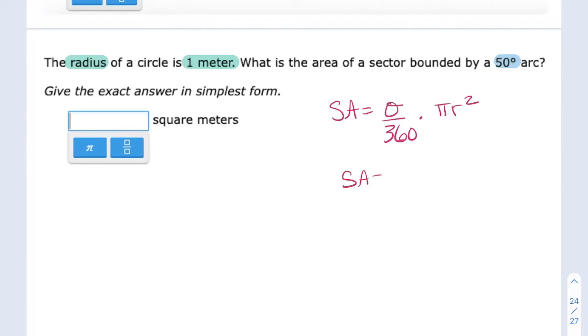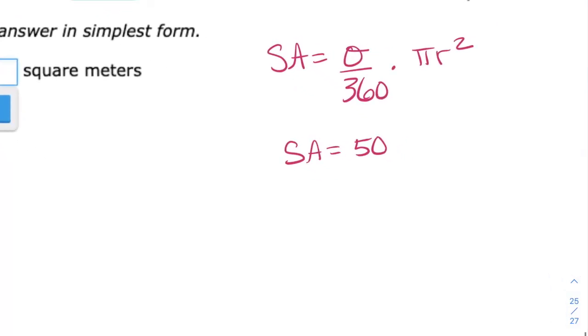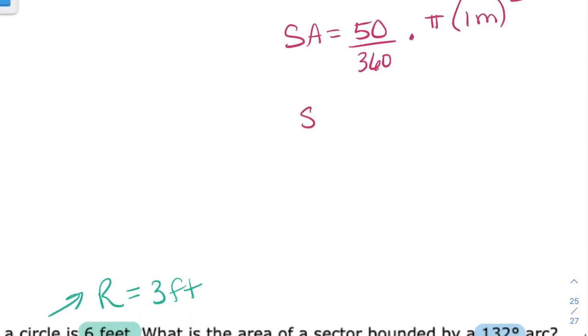So sector area equals 50 over 360 times pi times 1 meter squared. So sector area equals 50 over 360 times pi times 1 is 1, meters times meters is meters squared.